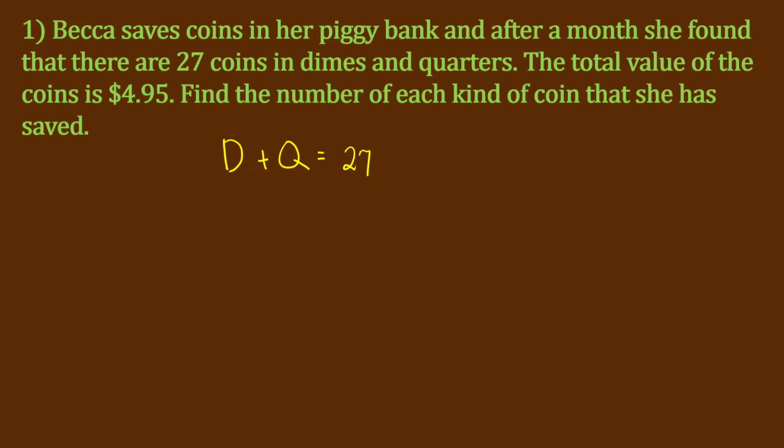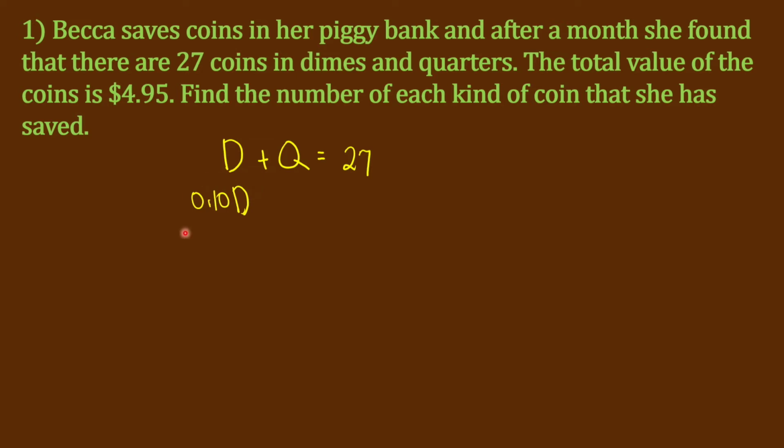Now the second equation will involve the value or the amount of the total number of dimes. So how much will be the dimes? A dime is equivalent to 10 cents or 0.10 of a dollar, and you multiply it by the number of dimes; that will give us the amount of the dimes.